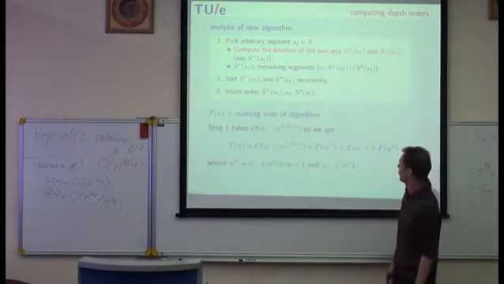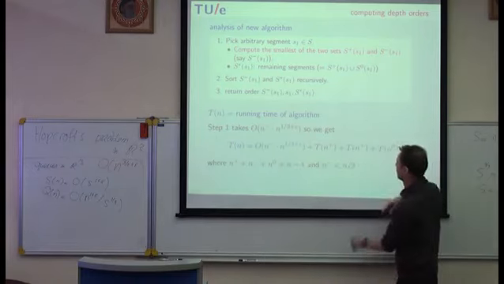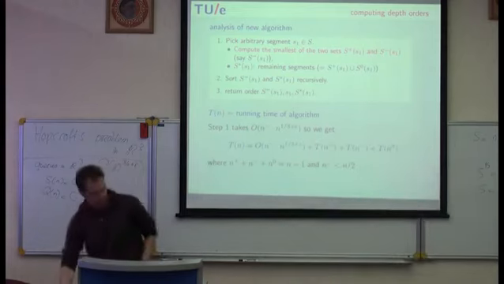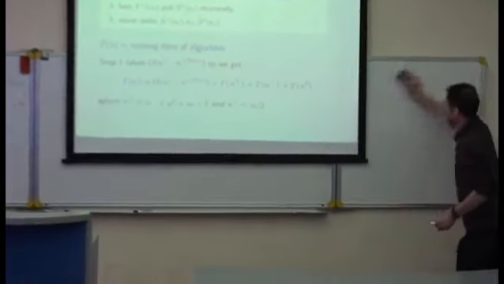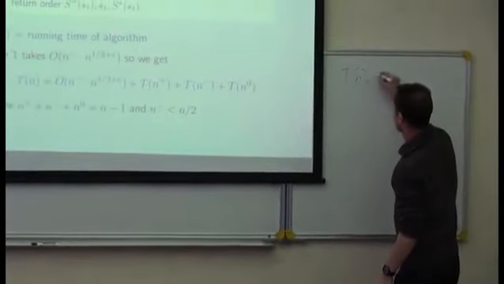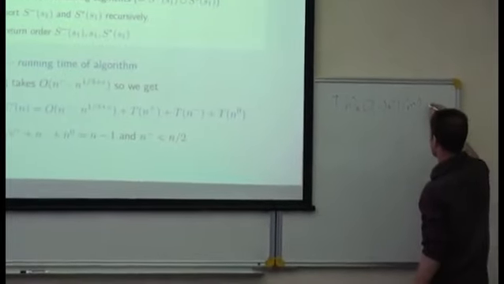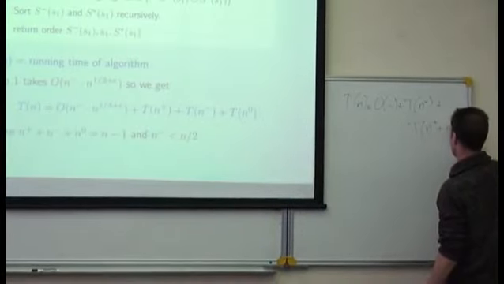So the recurrence is going to be this plus T of n minus plus T of n plus and n zero taken together. So T(n) is O of this plus T(n minus) plus T(n plus and 0).